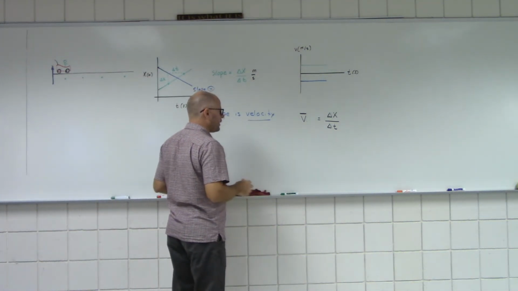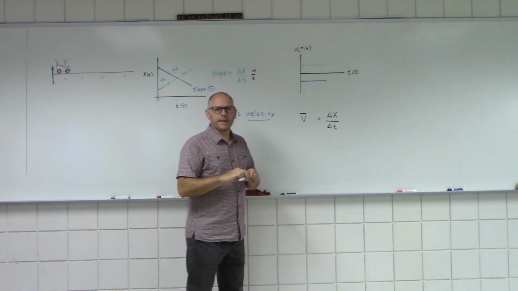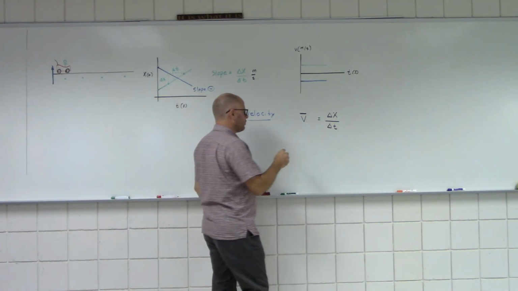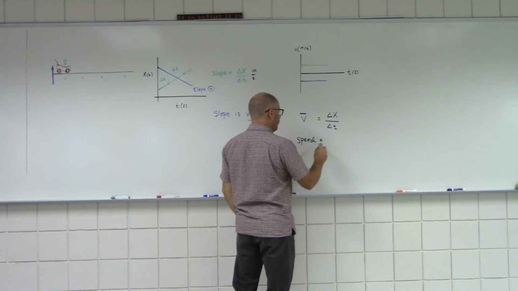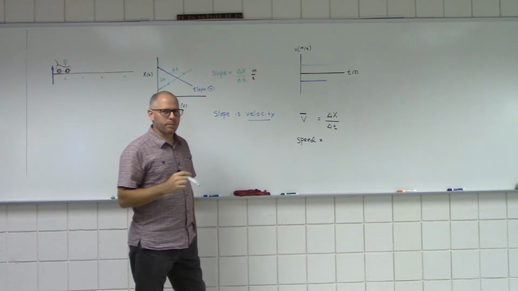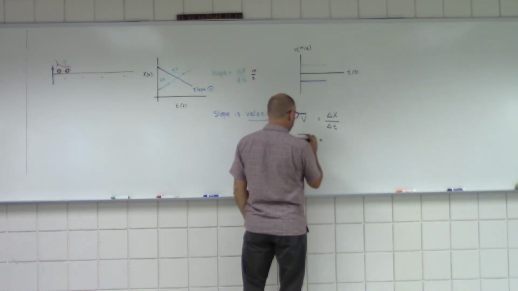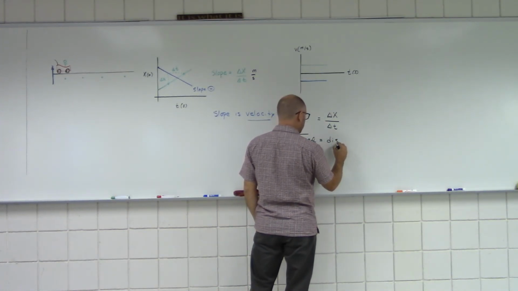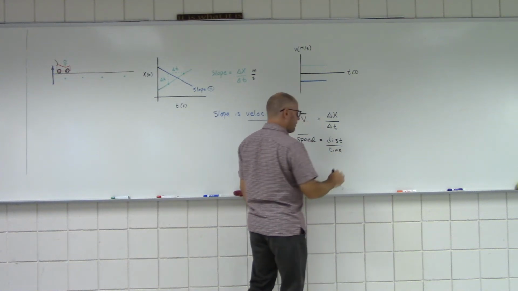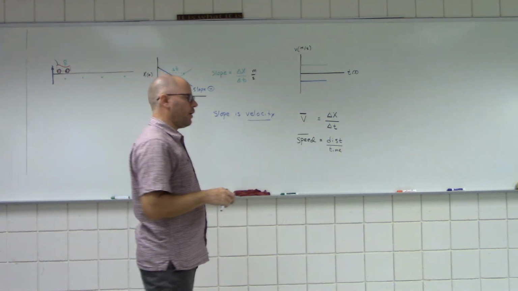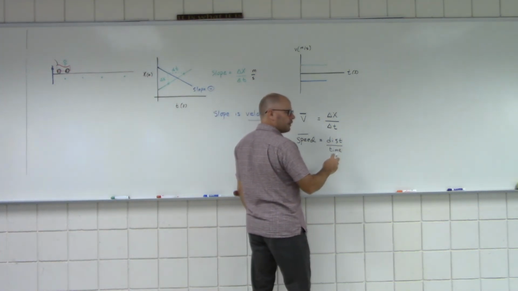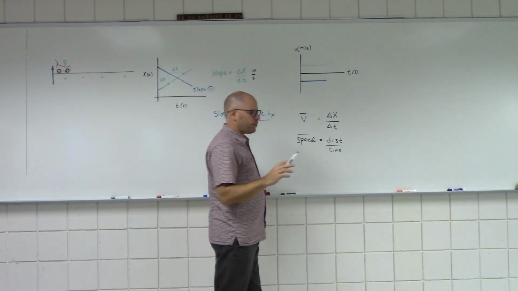And then the last thing that's important, just as a person, one thing you should know: if you want to find your average speed, just divide your distance by your time. That's how we get our miles per hour. I don't like the way that they write miles per hour.